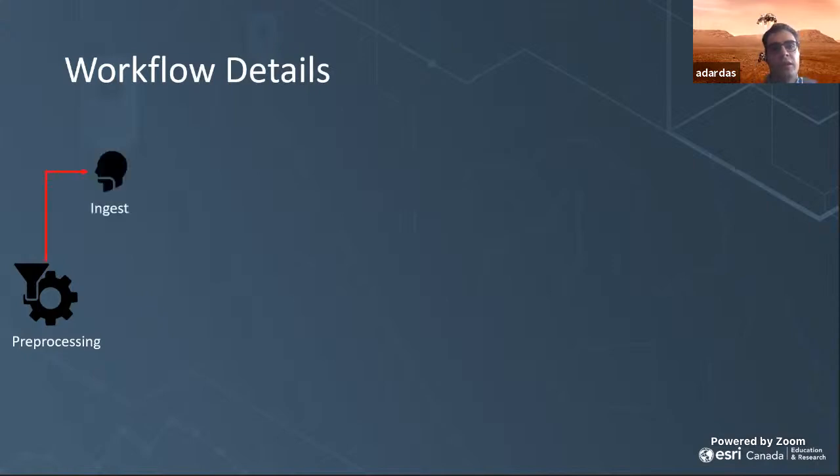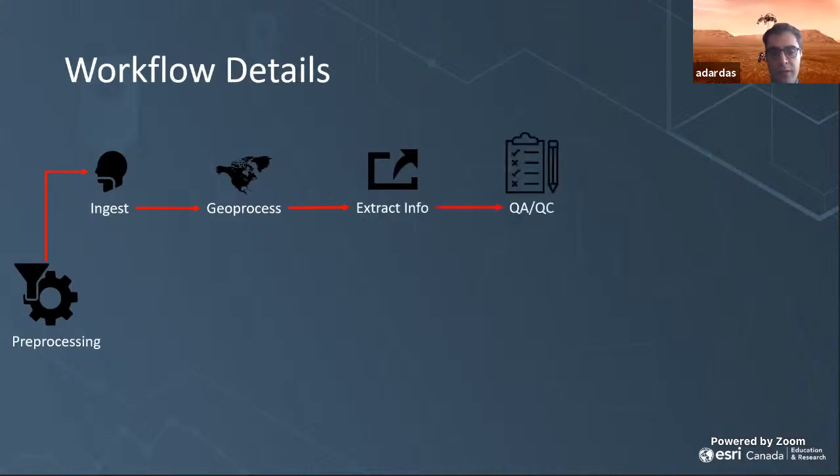We ingest the real-time information, both hourly and daily. Then we do a lot of geoprocessing with the ArcGIS package and the ArcGIS API for Python, and we also have other third-party packages like GeoPandas. Then we extract that spatial information, and we also do quality assurance and quality checks.